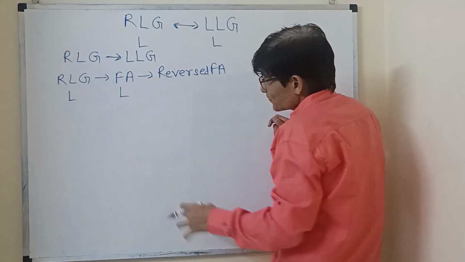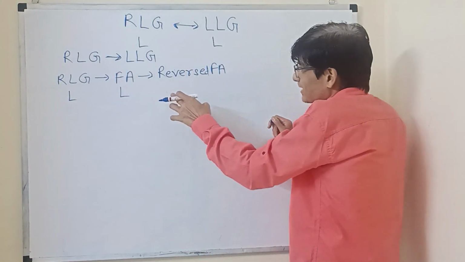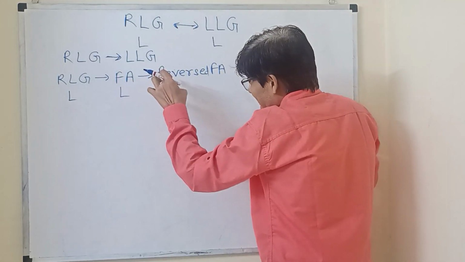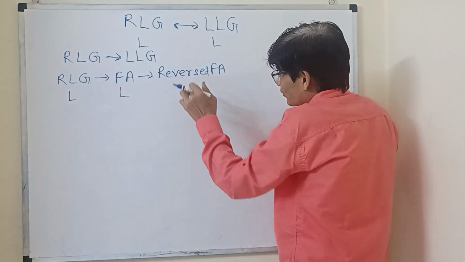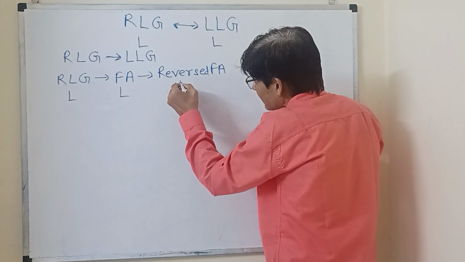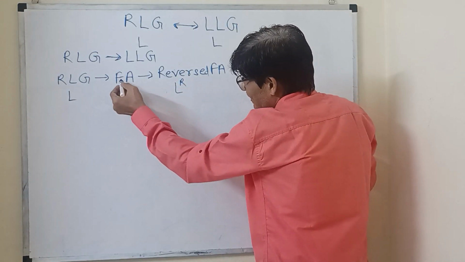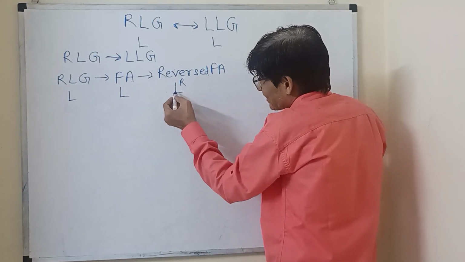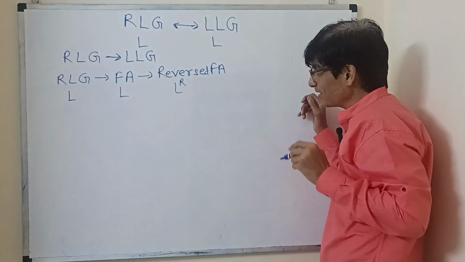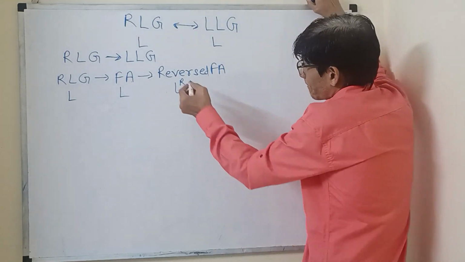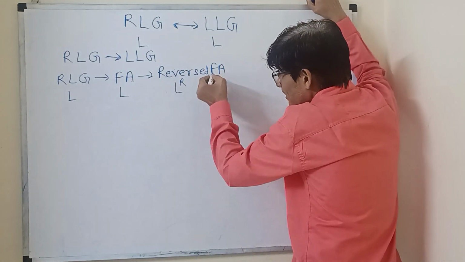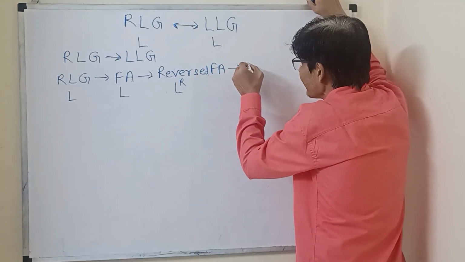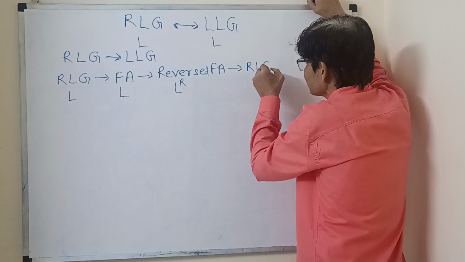If this finite automata is accepting language L, then the reverse finite automata will accept the reversal of L. Then you will convert this reverse finite automata into an equivalent RLG, as we have discussed.